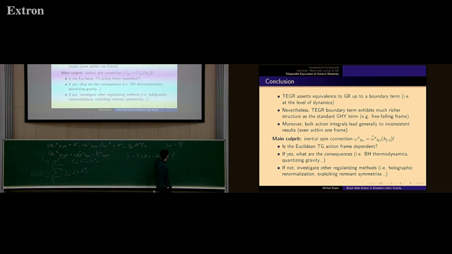And secondly, this might prove somehow problematic when it comes to the quantization of gravity, following the black hole thermodynamics.